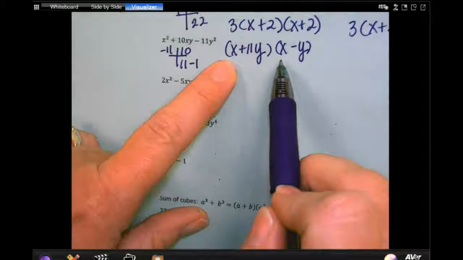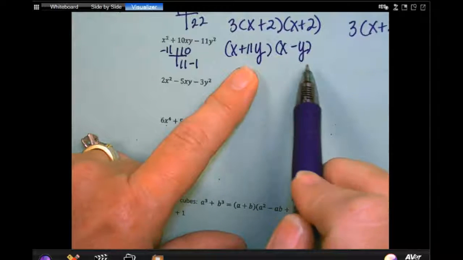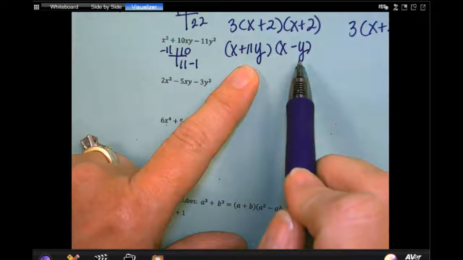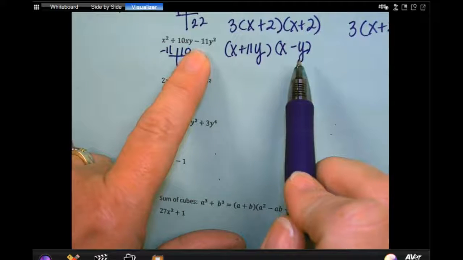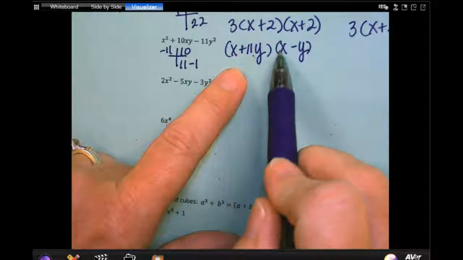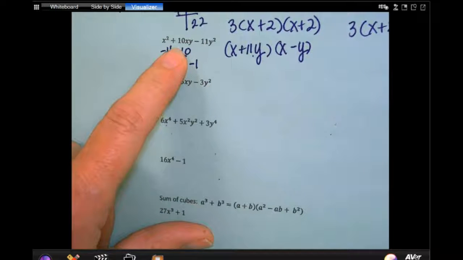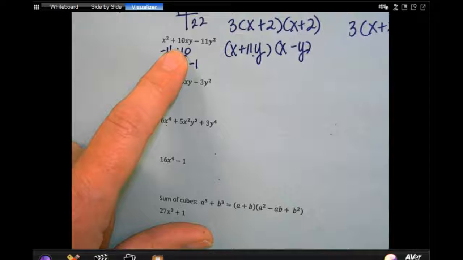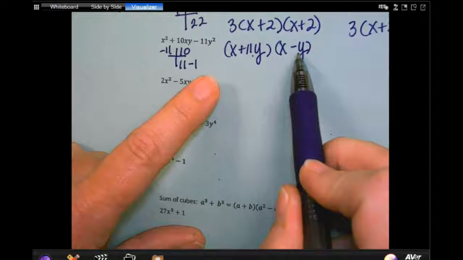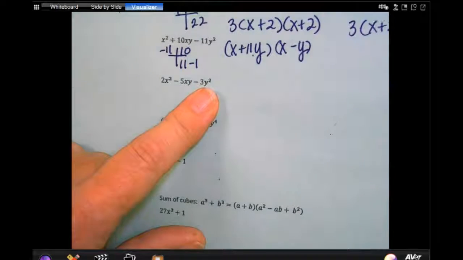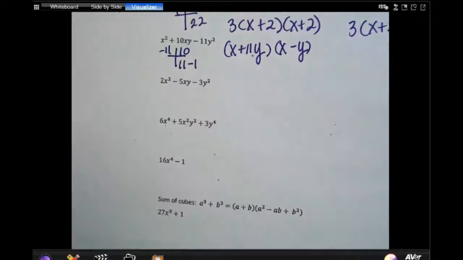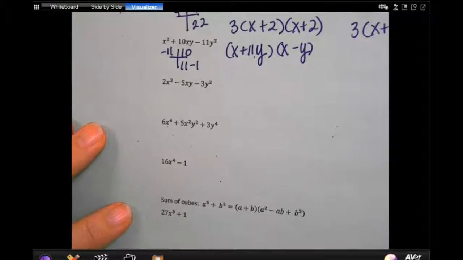X times x gives me x squared. 11y times a negative y gives me negative 11y squared. And then in the middle, 11xy minus xy gives me 10xy, because 1 is positive and 1 is negative. So all I did to get the extra variable in there, I put it second. Does that make sense? Okay, so let's do another one.